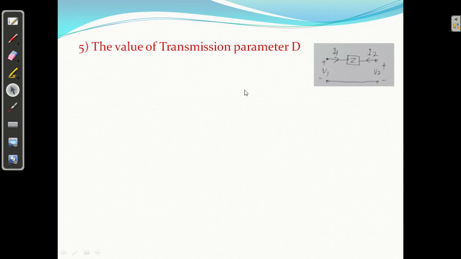Next, question number 5. The value of transmission parameter D. They are asking what is the value of D. What is the transmission parameter?